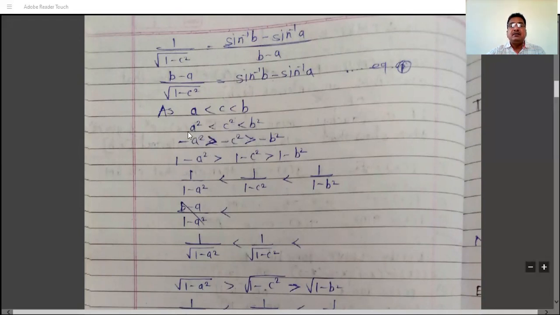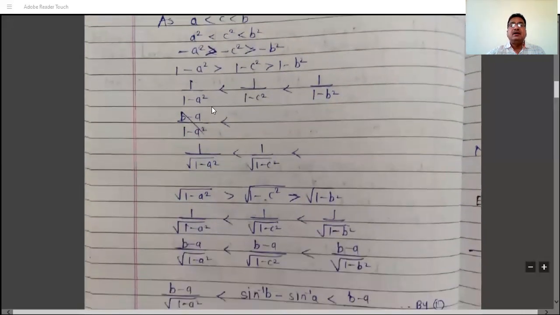A square is less than c square, c square is less than b square. Then, applying negative on this, we have minus a square. Now this less than becomes greater than. Minus a square is greater than minus c square is greater than minus b square. Okay. Then add 1. So this greater than remains greater than. Add 1, that is 1 minus a square, 1 minus c square, 1 minus b square.